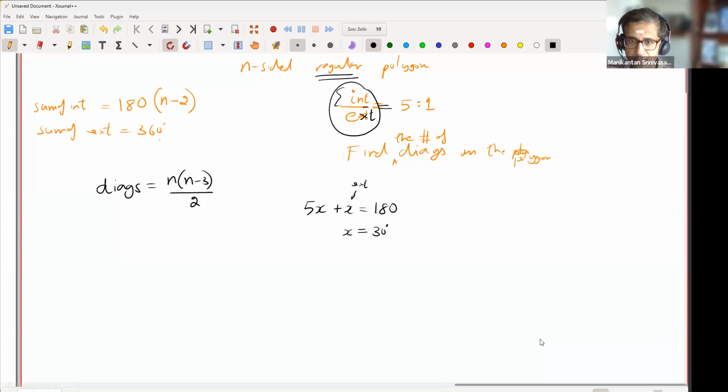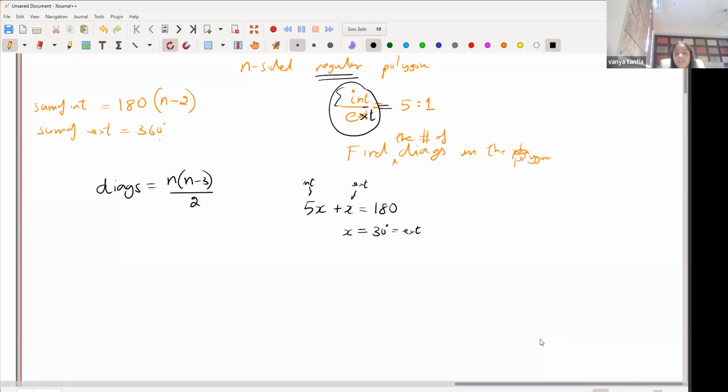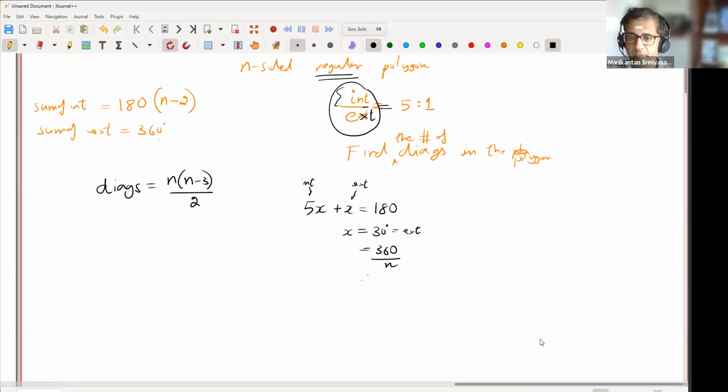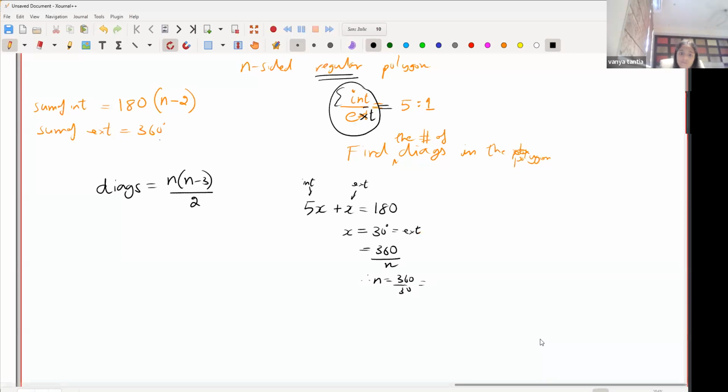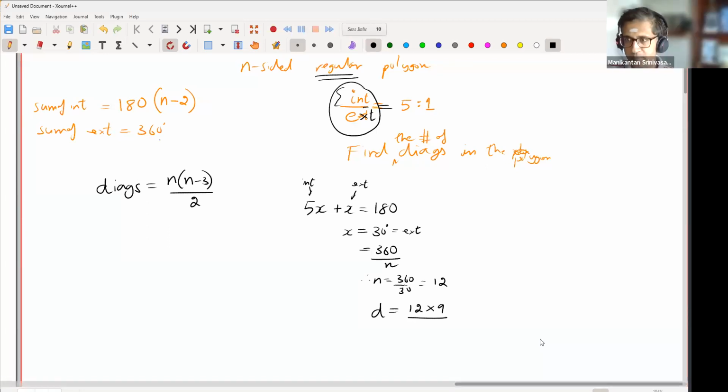And this is the interior angle. Yes. So then I used the exterior angle formula that 30 is equal to 360 by n. Yeah. n is equal to 360 by 30. Very good. Which is 12. Then I used the diagonal formula, which is n into n minus 3 by 2. Yes. Very good. Very well explained.